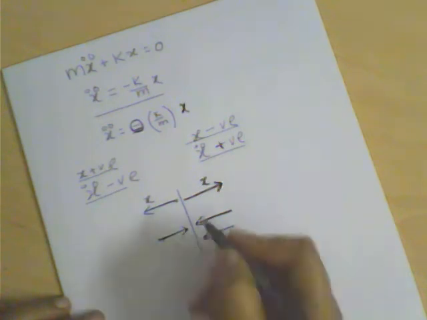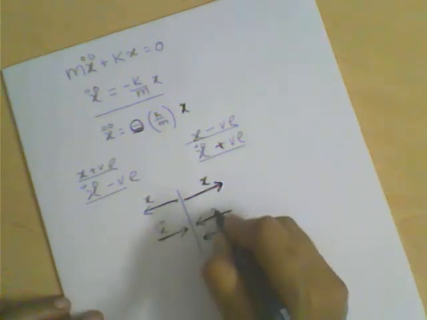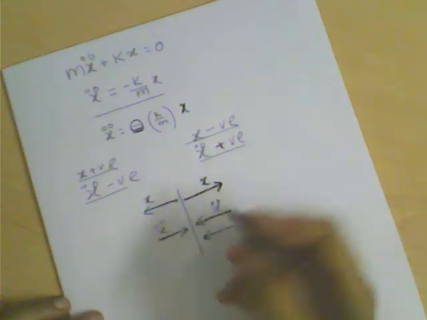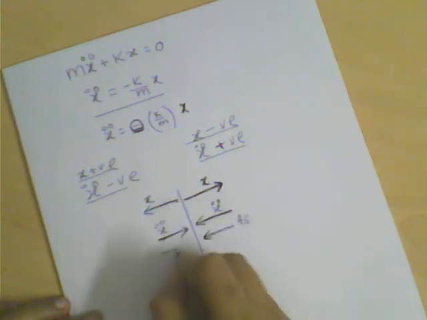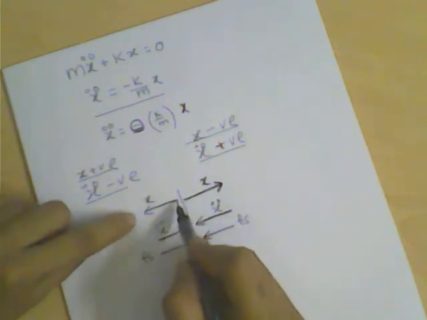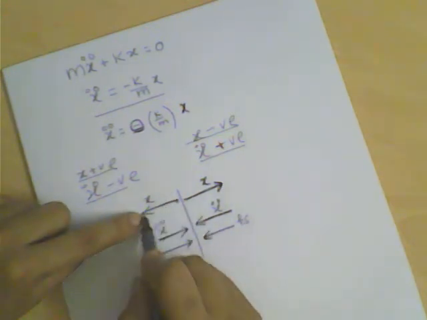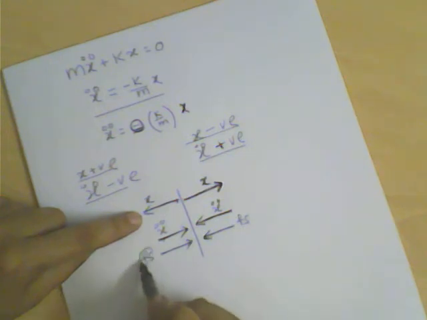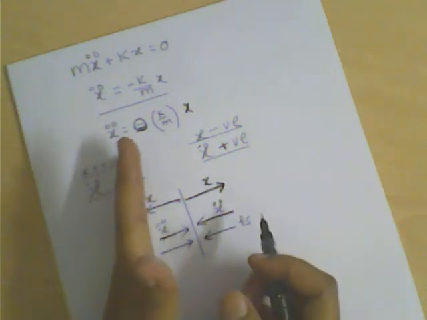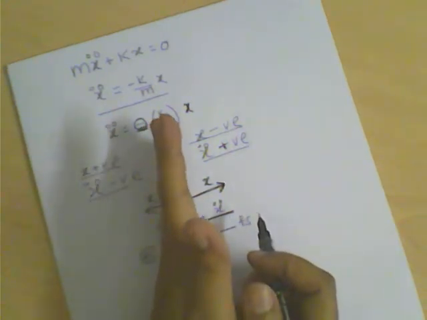This is the spring force, and it is always acting in this direction. So whenever the mass is displaced towards the negative side of the mean position, the spring force will always try to push it again towards the mean position.